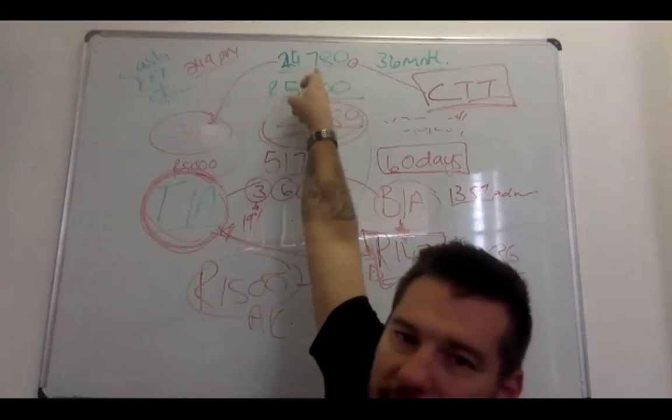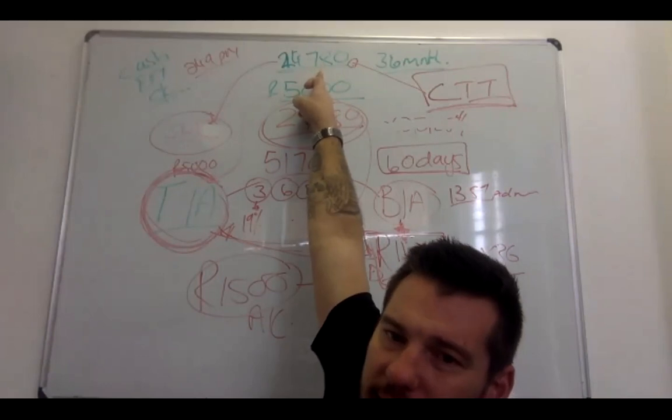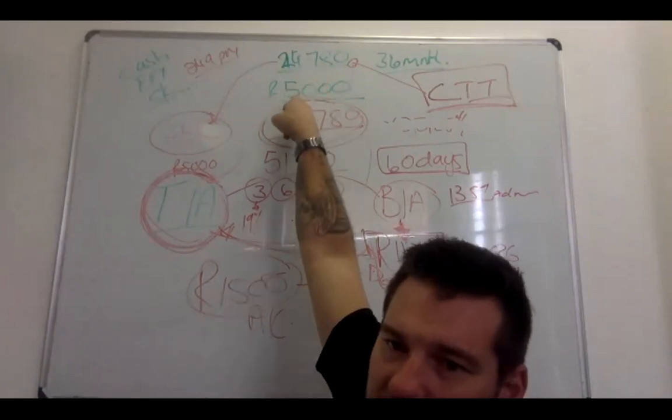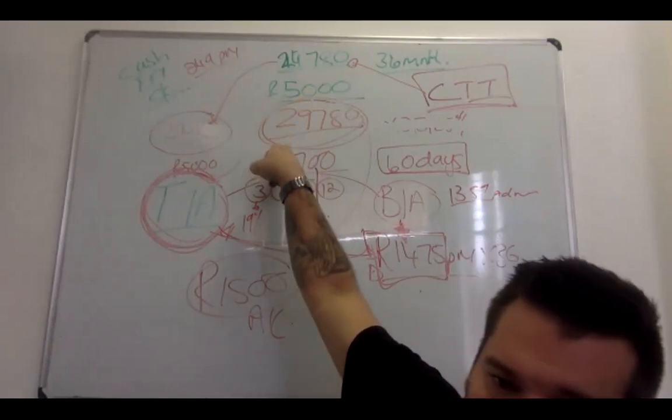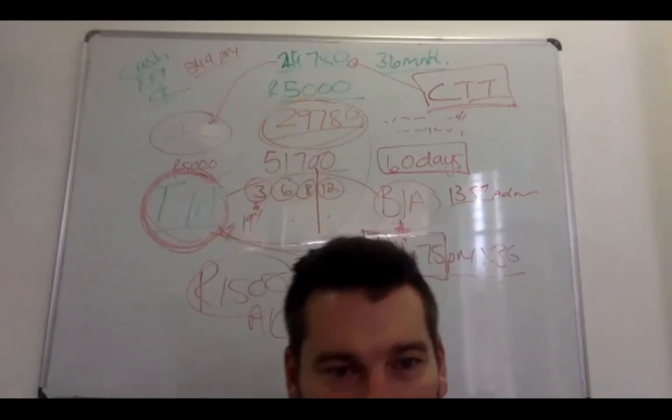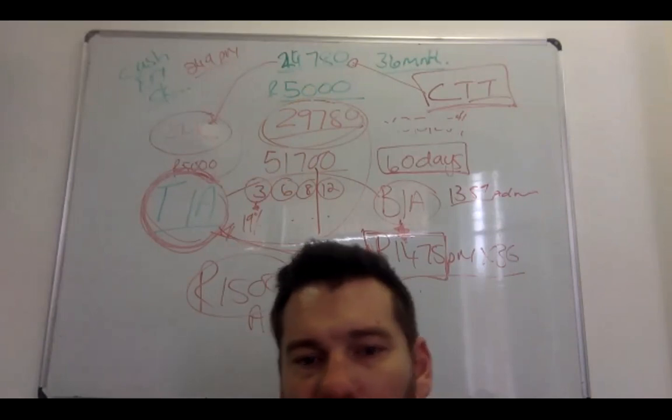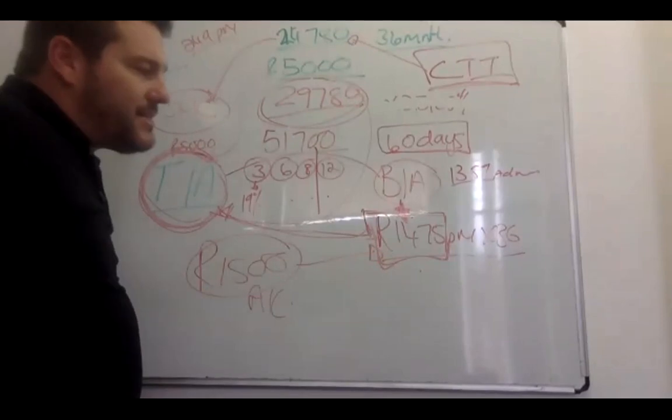So CTI would accept only the 24,780 if the clients already have 5,000 Rand. If they don't, then obviously it's going to be for the full 29,780.